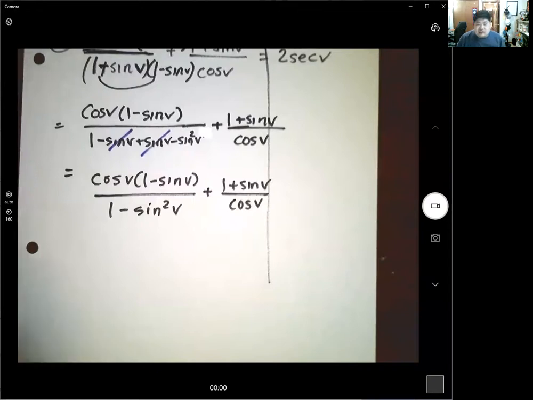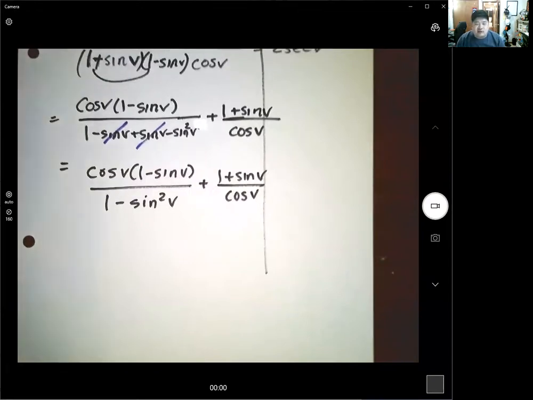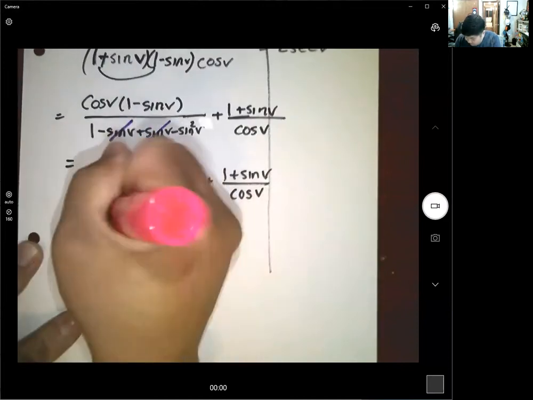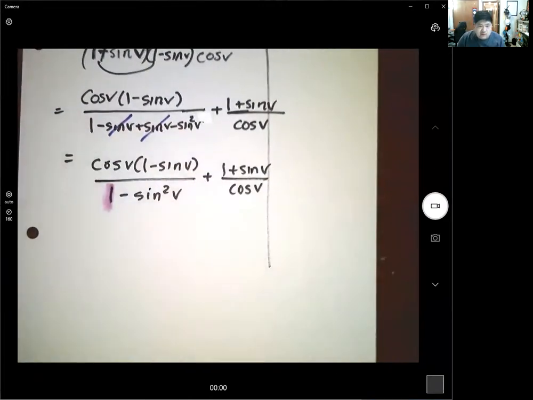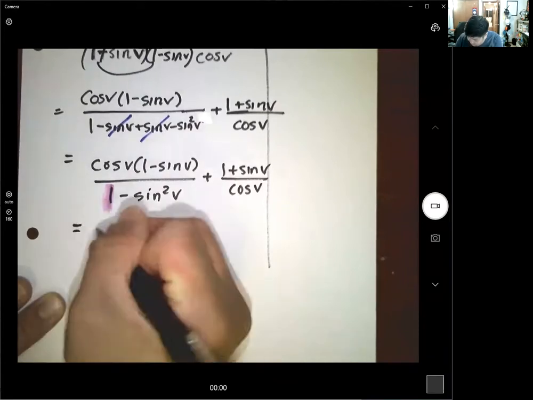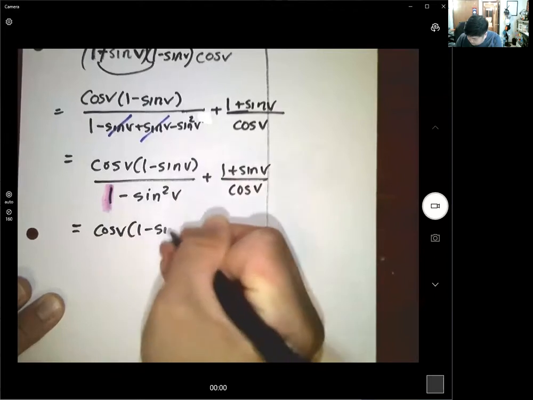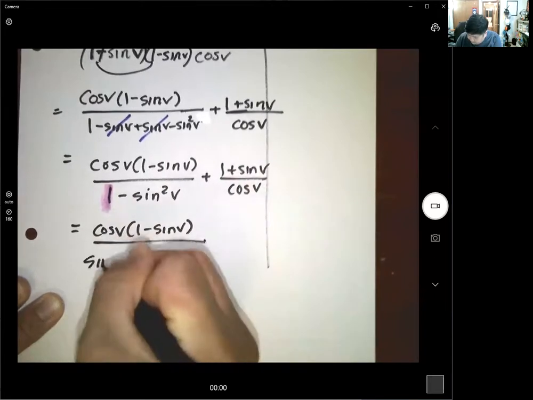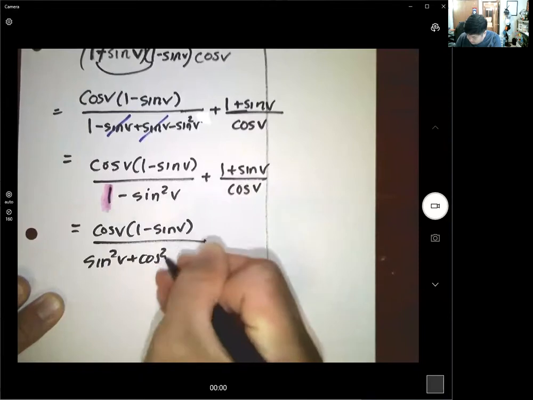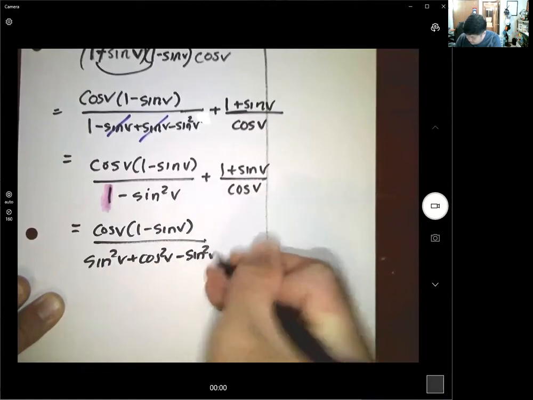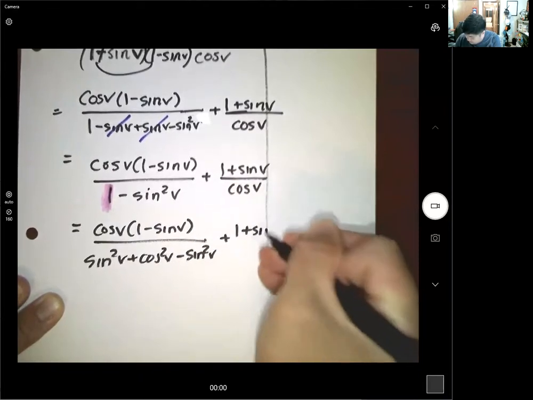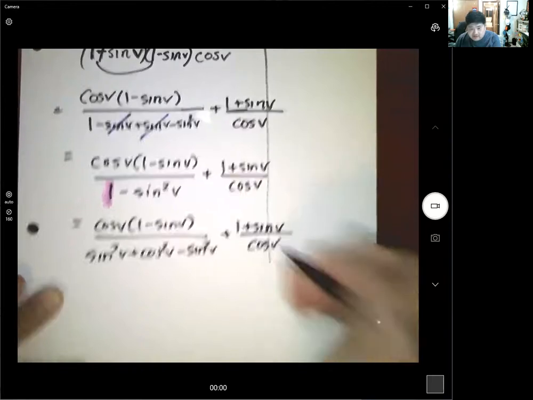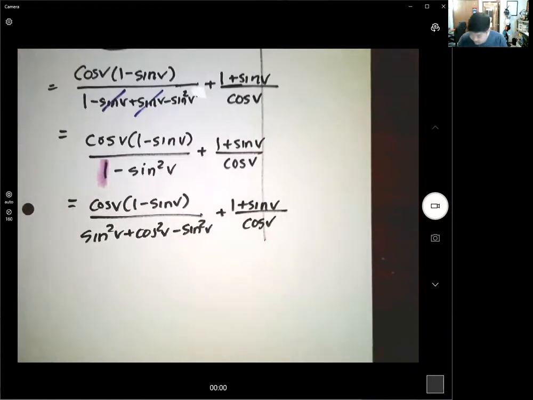Now, again, there's lots of ways that you can do this. So what I'm doing is just one way to go about this. But if I see a 1 minus sine squared of v, well, I know that 1 is actually equal to sine squared v plus cosine squared v, minus sine squared v, and then plus 1 plus sine of v over cosine of v. Then here we have that the sine squared v's zero out.